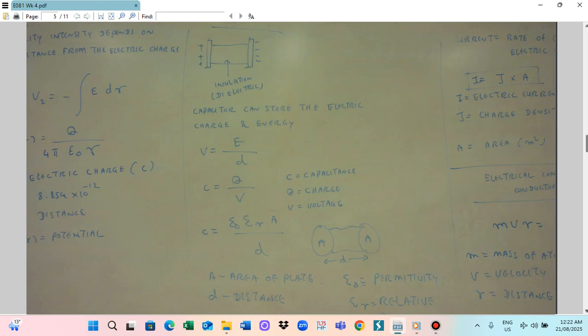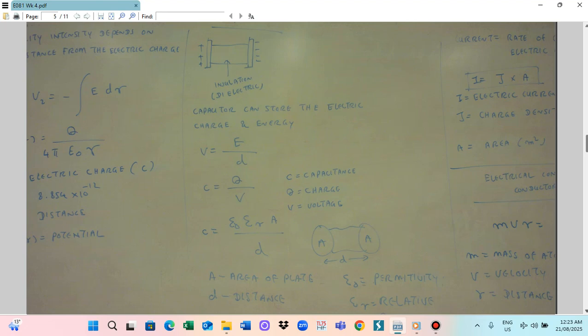E0 is the permittivity, and ER is the relative permittivity. So this is the way the capacitor works.